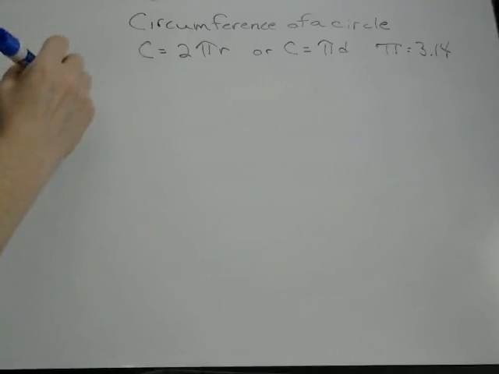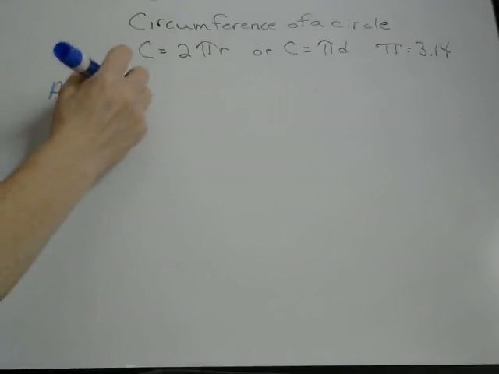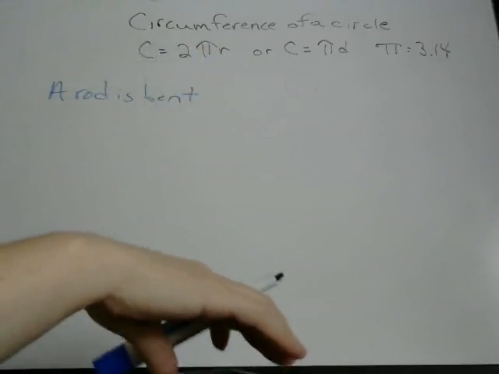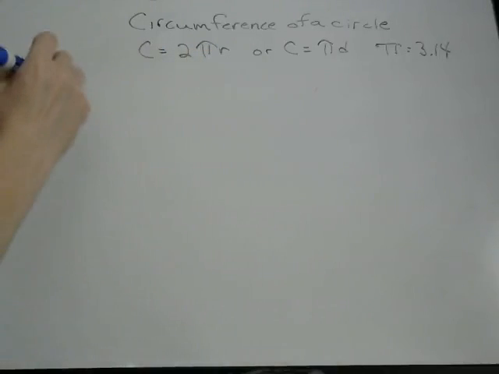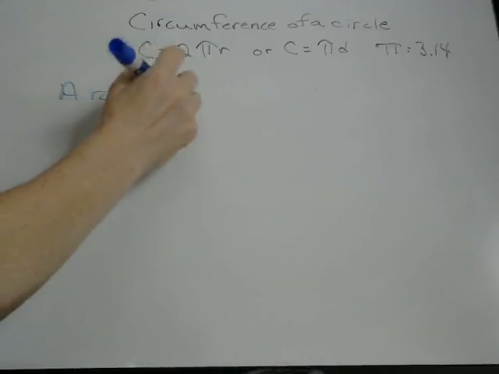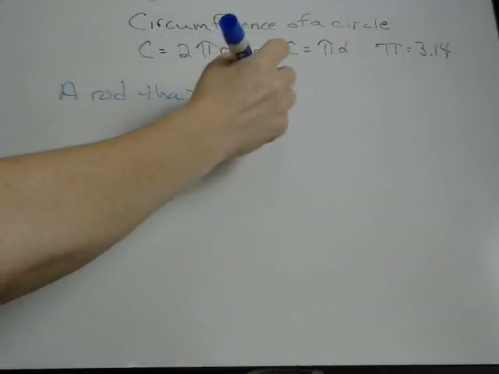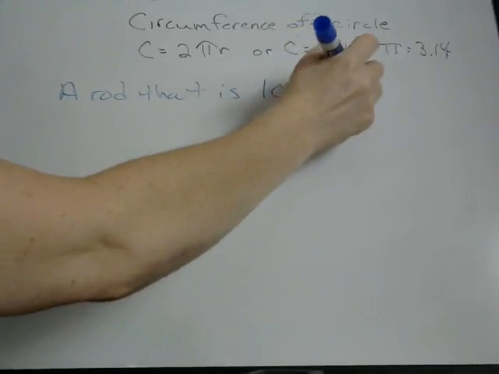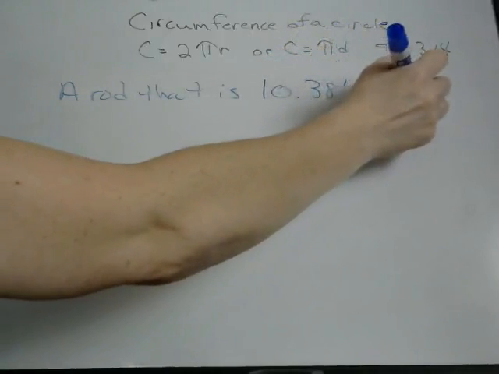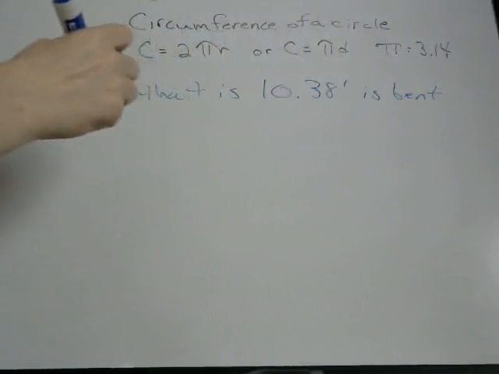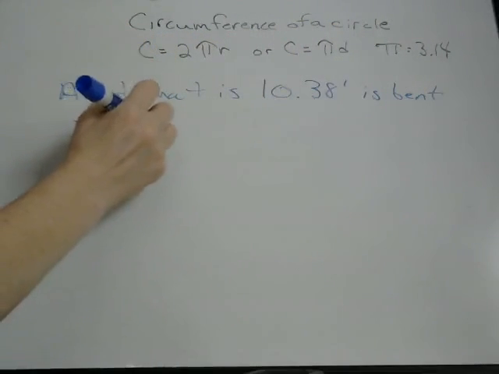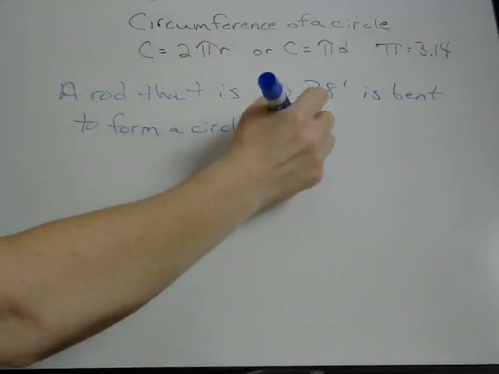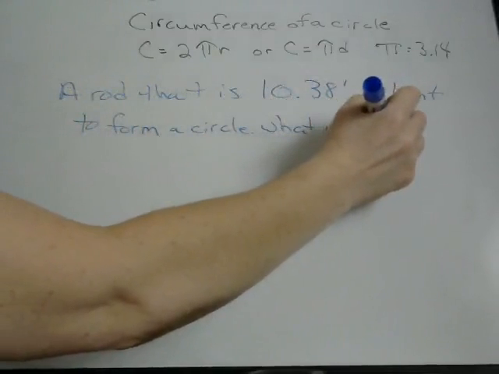So let's say a rod that is 10.38 feet is bent to form a circle. What is the radius of that circle?